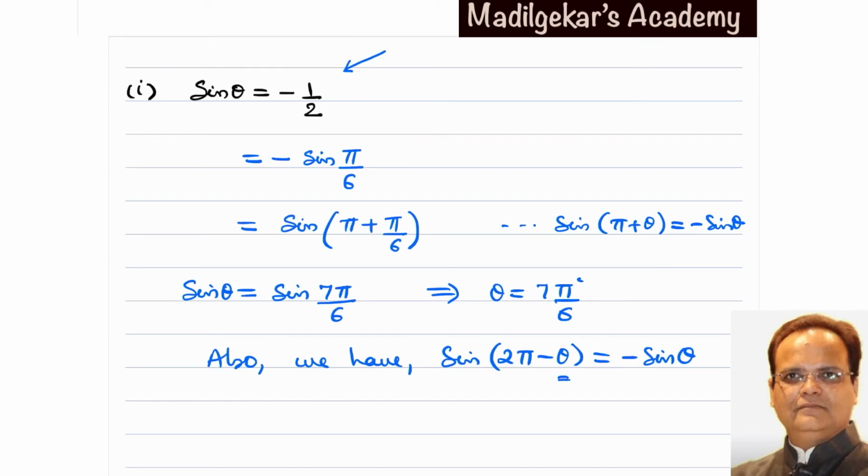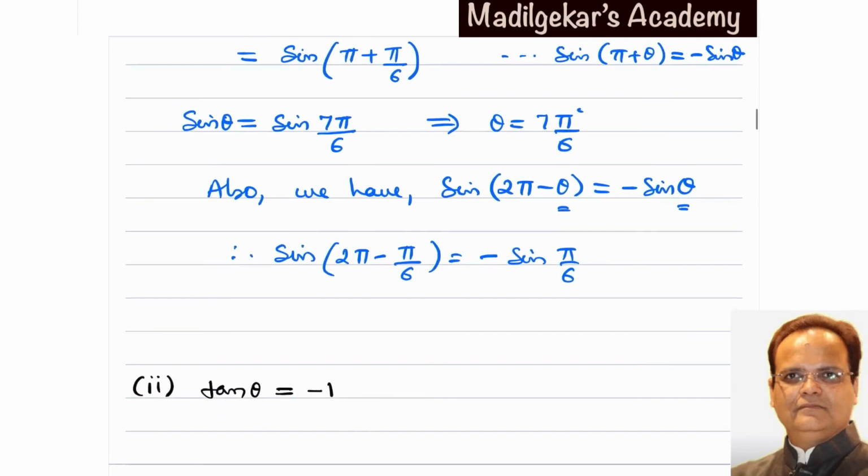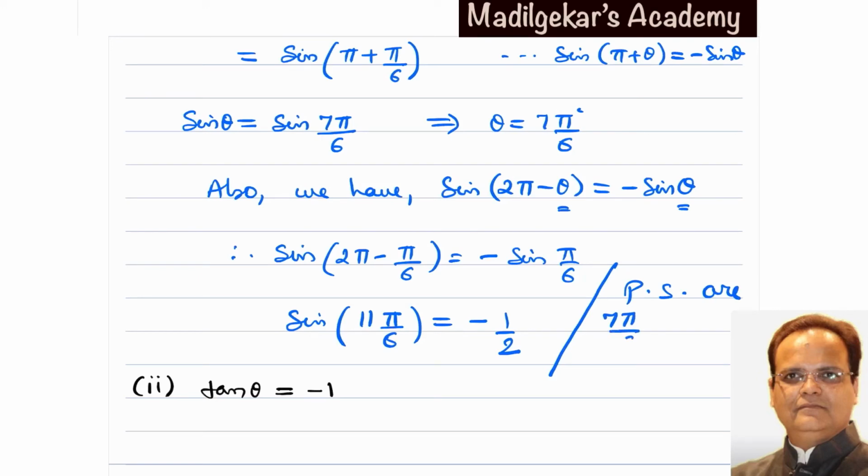Now here you put theta equals pi by 6. So sine of 2 pi minus pi by 6 is minus sine pi by 6. That is, sine of 11 pi by 6 equals minus half. Means the principal solutions are 7 pi by 6 and 11 pi by 6.